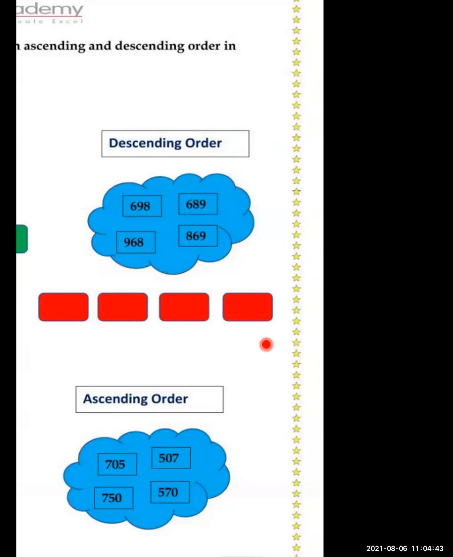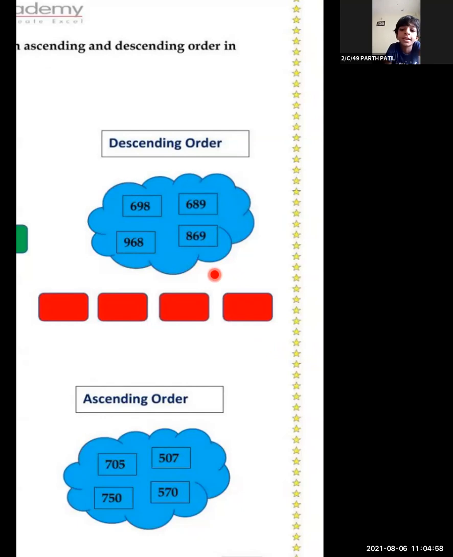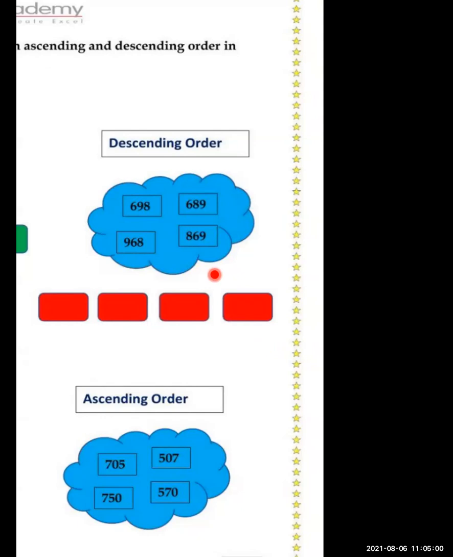So we have to find the big number in that. Which is the big number? 968. Very good. So we write it over here. 968. So which is the smallest number than 968?